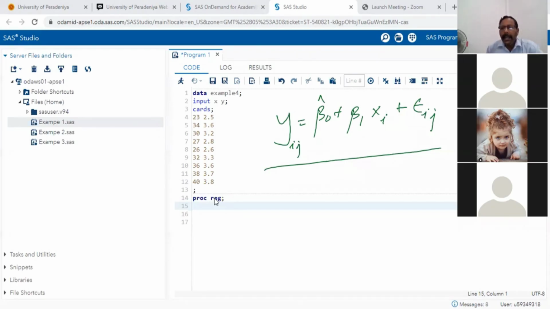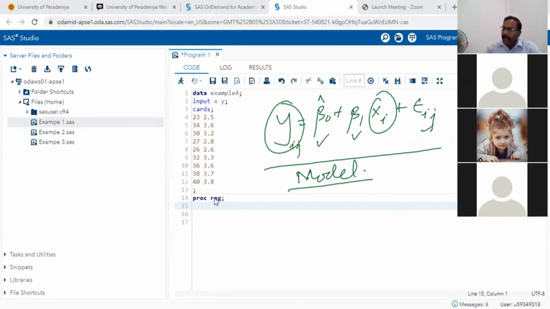Yeah, model. This is the model for the simple linear regression, right? So here you want to relate this variable. These are the two variables that we will have to indicate. Computer automatically calculates these values.